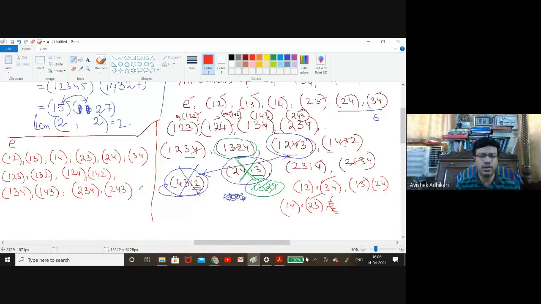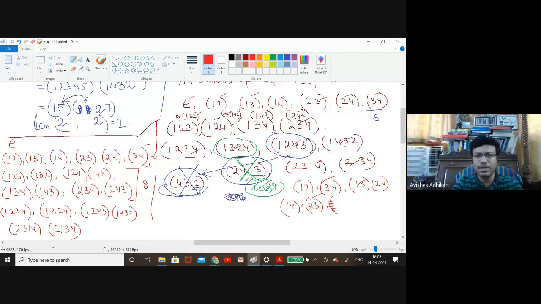Okay. So here how many elements did we have? 8 elements. Here we have 6 elements. Then we started with 4-cycles: 1 2 3 4, then 1 3 2 4, 1 2 4 3, 1 4 3 2, then 2 3 1 4, 2 1 3 4, right?